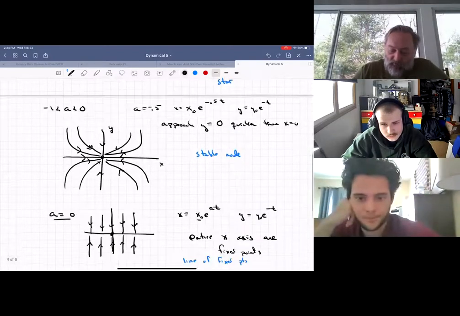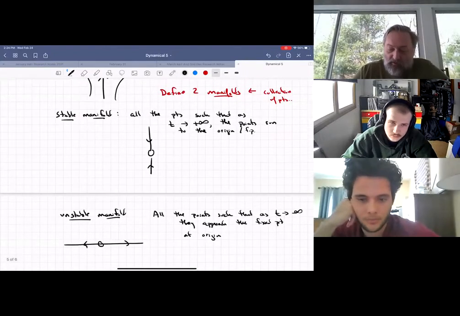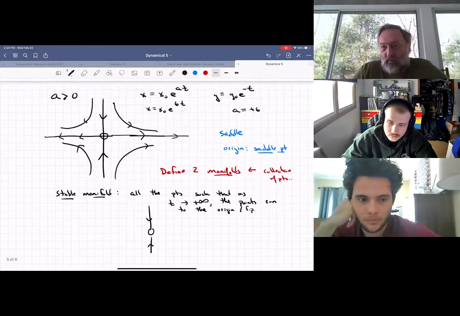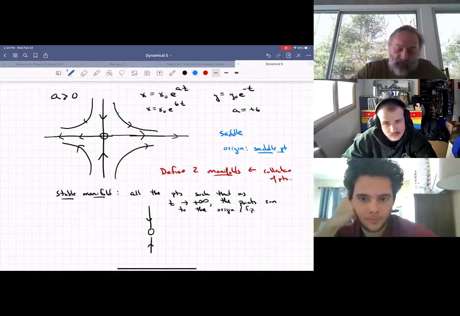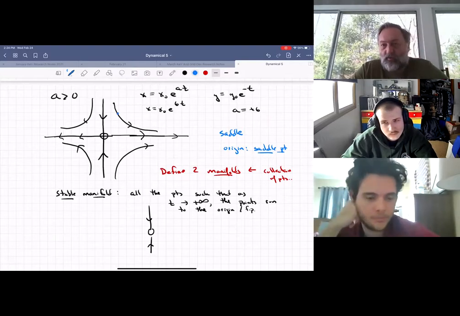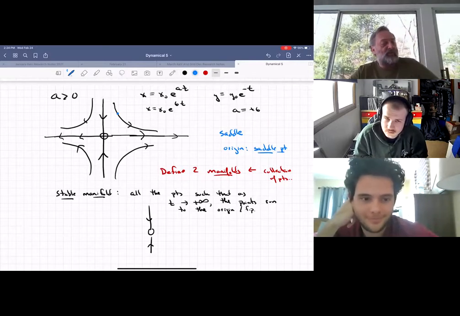But a saddle has two sets of points, one that is part of the stable manifold, one that's part of the unstable manifold, and then other points are part of neither. So this phase point up here is on neither the stable manifold nor the unstable manifold. If I run it forwards in time, it runs out to infinity. If I run it backwards in time, it runs to some other place at infinity.